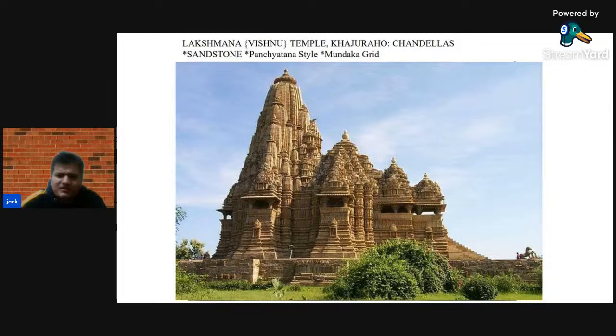These are known as the Uru Shikhar. And above all, this is the Amlak. Amlak has various kinds of symbolic meanings, and above the Amlak, this is the Kalash. So this is how a temple architecture can be described in the Nagara style.